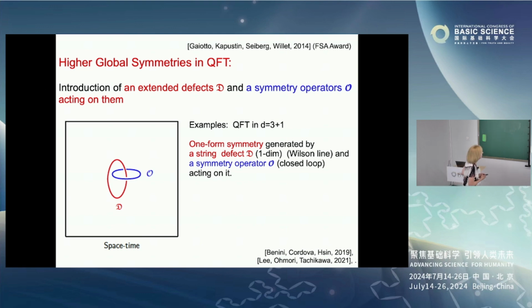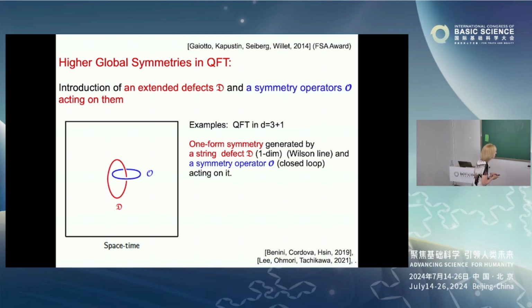One way of introducing higher form symmetry is to introduce non-dynamical extended defects in the quantum field theory and related symmetry operators that act on these defects. An example of a 3+1 dimensional quantum field theory with one-form symmetry would involve the introduction of a string and a corresponding closed loop symmetry operator that acts on it.